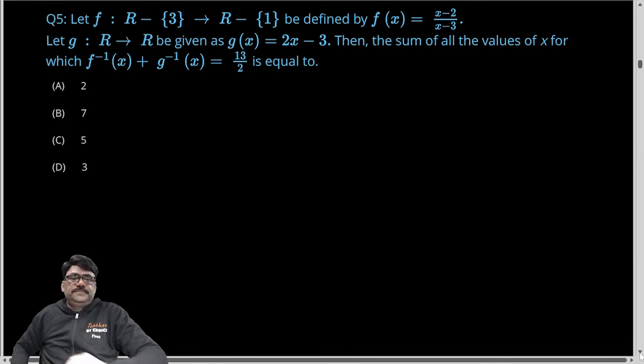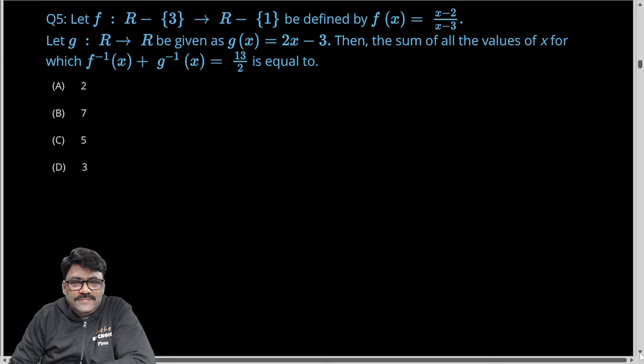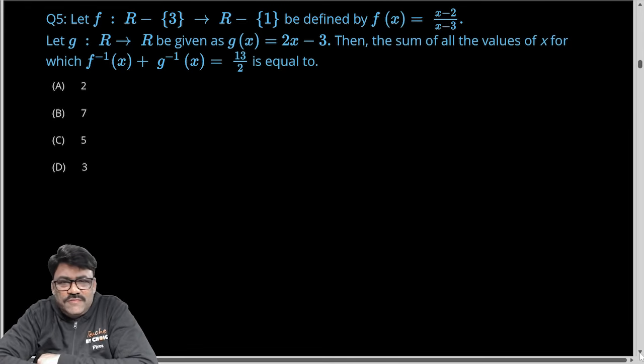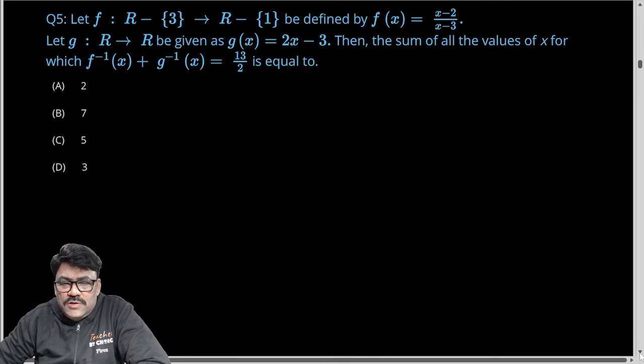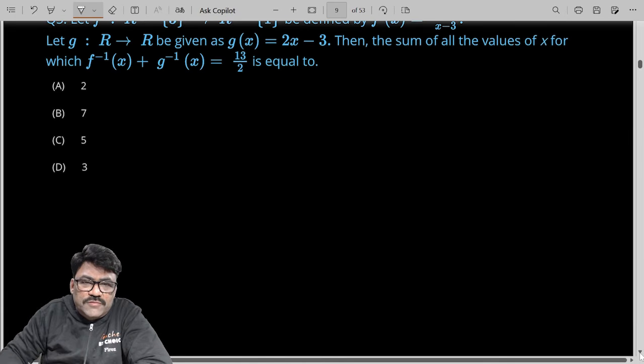See this question. Two functions are given, f(x) and g(x). First, you have to find the inverse of both, f inverse x and g inverse x, and then solve this equation. So let's find the inverse of both. So f(x) is x minus 2 over x minus 3.